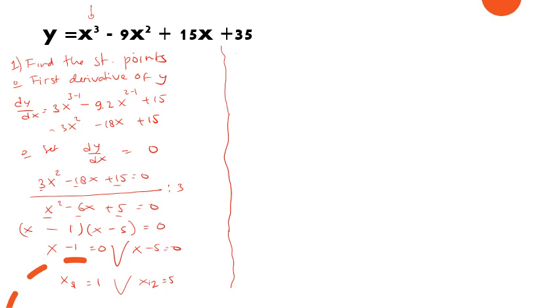Now y1: substitute x1 into the original function y, that is 1 to the power 3 minus 9 times 1 squared plus 15 times 1 plus 35, and that will be 42.